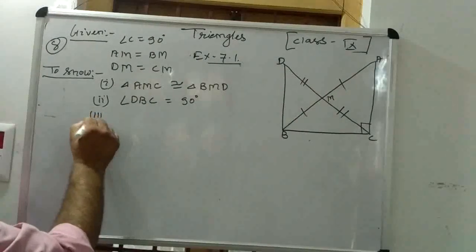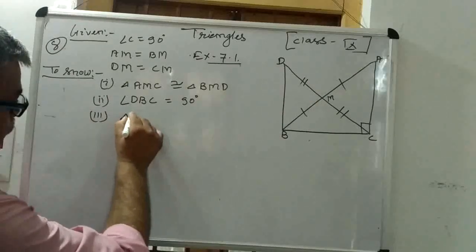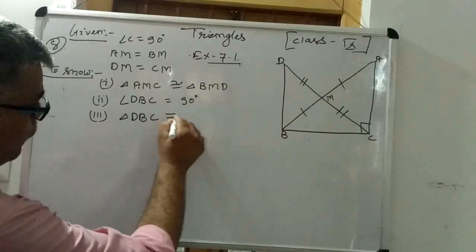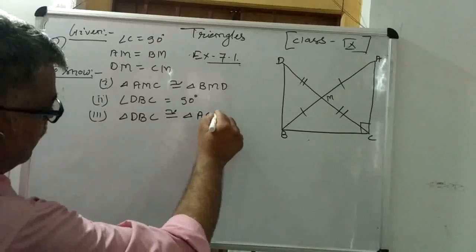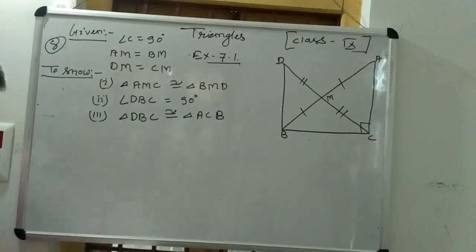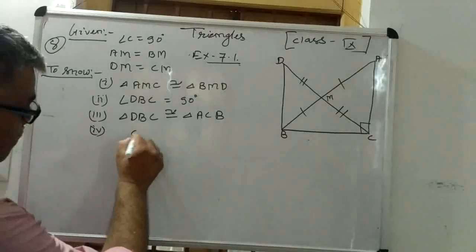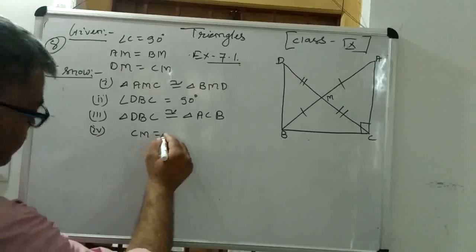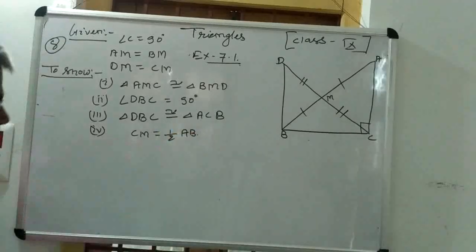Third, we need to show that triangle DBC is congruent to triangle ACB. And fourth, which is last, we need to show that CM equals half AB. CM equals half of AB. These 4 parts we need to show from this question.